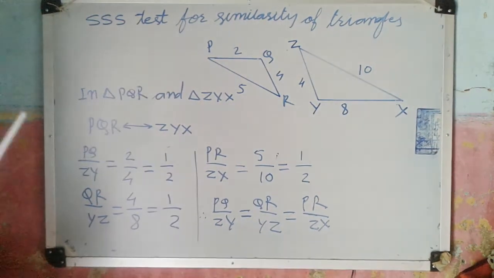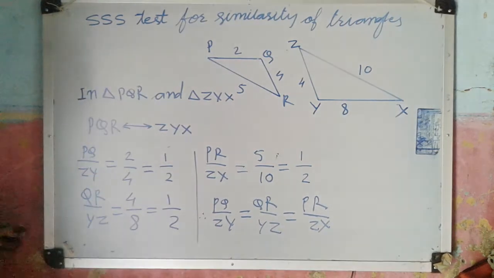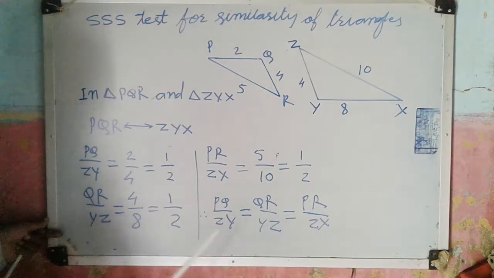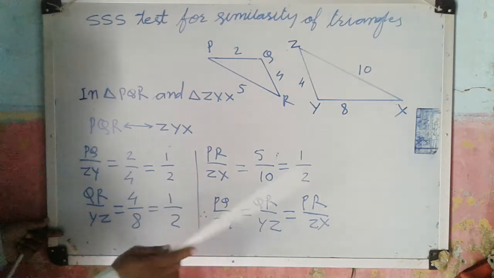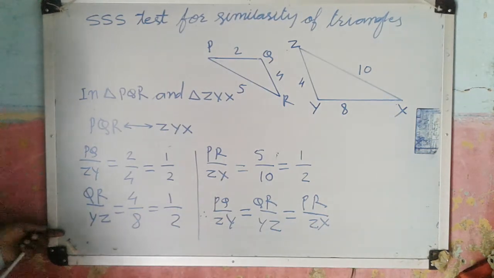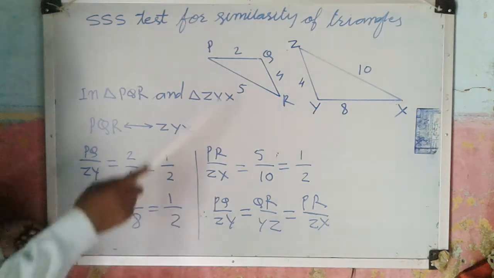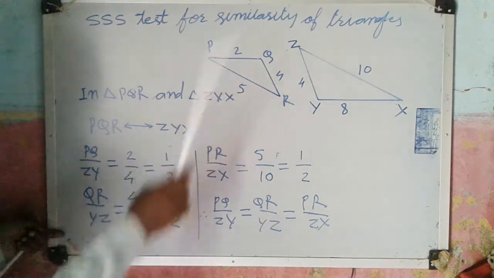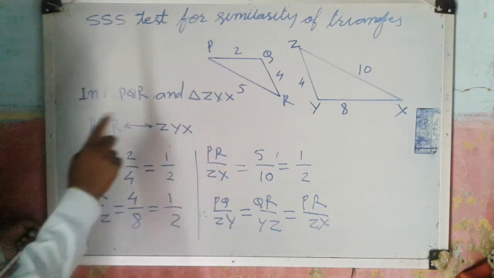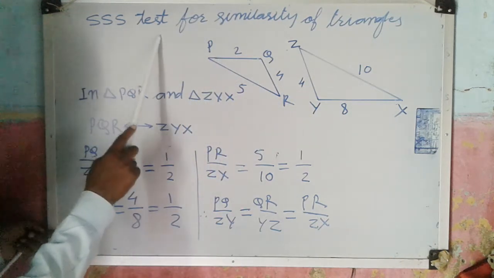So the corresponding sides are in equal proportion, and then these two triangles are similar by the side test.